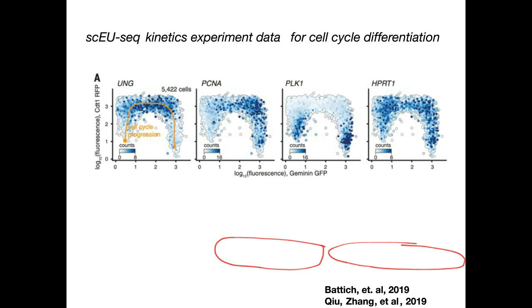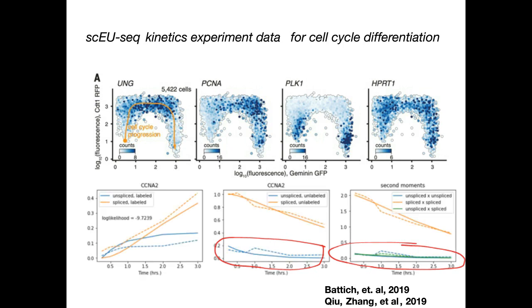So you can essentially take different pieces from this cell cycle progression trajectory to get a kinetics experiment for that stage, and then calculate the time-dependent or stage-dependent alpha, beta, gamma across the cell cycle. Here we just take a small piece from this stage, and we highlight the fitting for one gene. You can see in general our fitting works quite well.